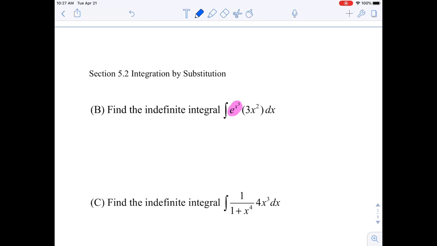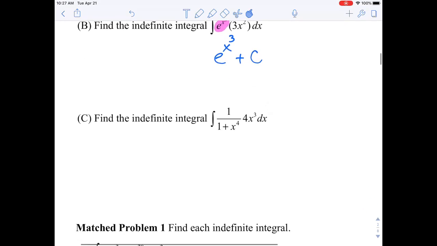So this is just e to the x to the third plus c. Looking at the third one here, the derivative of x to the fourth is 4x to the third. So this is the natural log function of 1 plus x to the fourth.